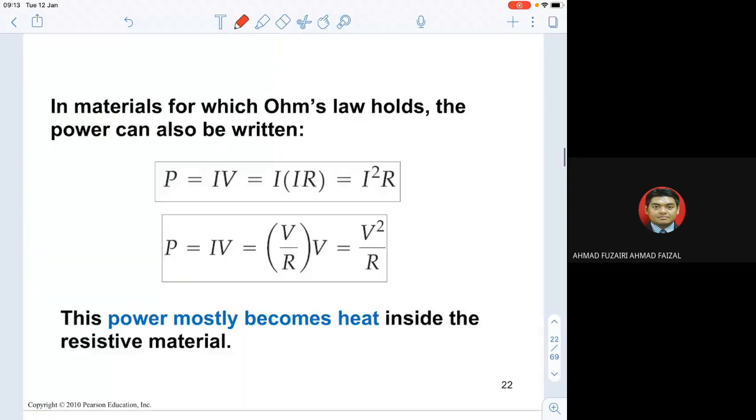From Ohm's law, remember Ohm's law is R equals V over I, and of course V equals IR.